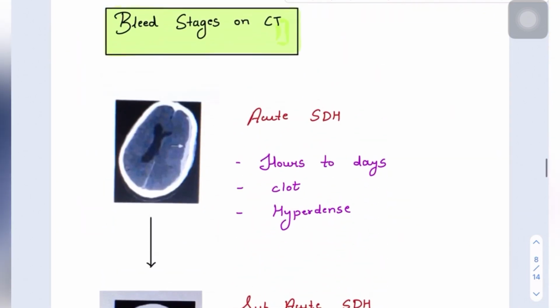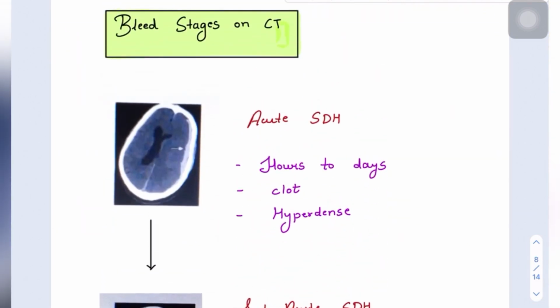So let's talk about the bleed stages on CT scan. So first of all, you have to understand, in acute there is hyperdensity and the color is white.